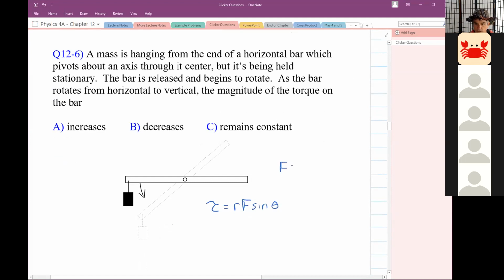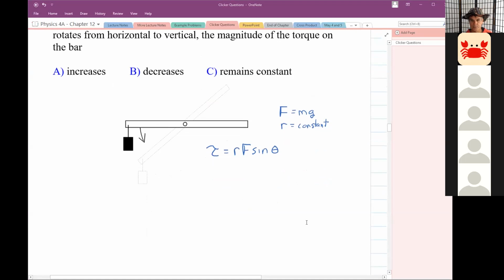My F is just going to be mg. Okay, about 30 seconds. If anybody else wants to vote, what do you think? All right, let's end this polling and see what people thought. About half the people say that the magnitude of the torque decreases.